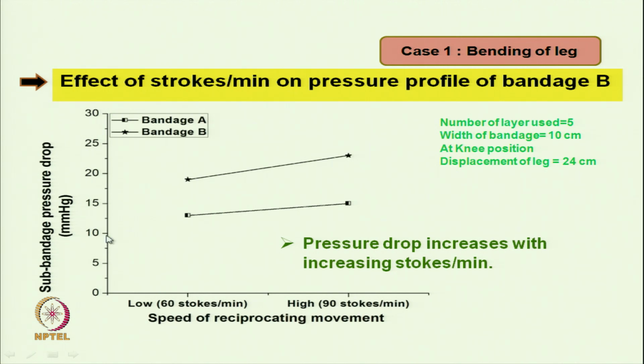But on the other hand, for 60 strokes per minute, the number of stress relaxation cycles is more for higher stroke per minute. That is why the stress relaxation pressure drop will be high for higher stroke per minute. So, it is basically a number of cycles.